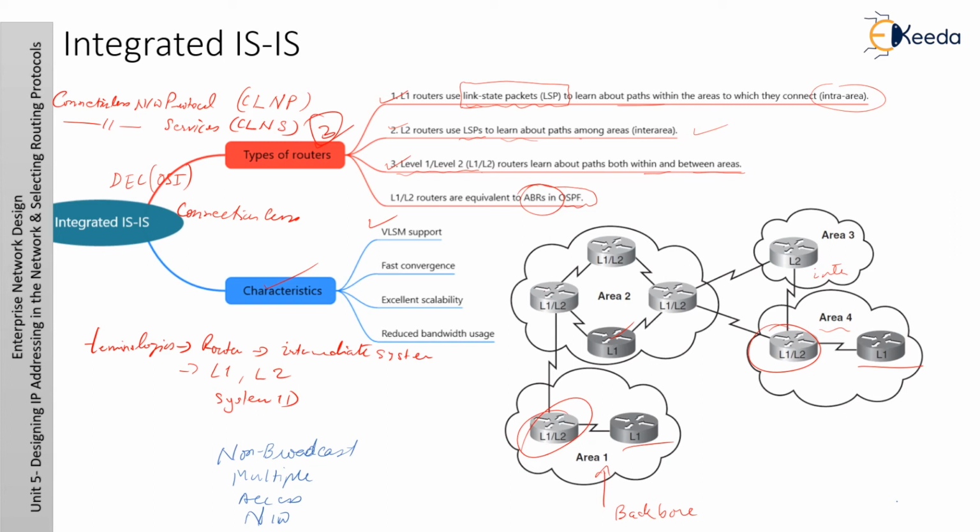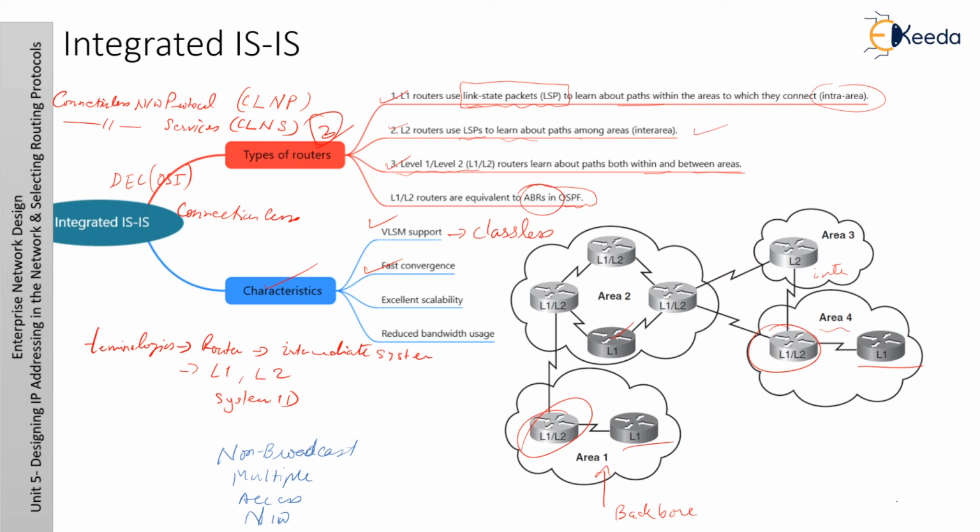If it supports VLSM, then this protocol is classless. Fine. Then come to fast convergence. This is also in line. Similar to OSPF, integrated ISIS owes its fast convergence characteristic to its link state operation, including flooding of triggered link state updates. Another feature that guarantees fast convergence and less CPU usage is the partial route calculation.